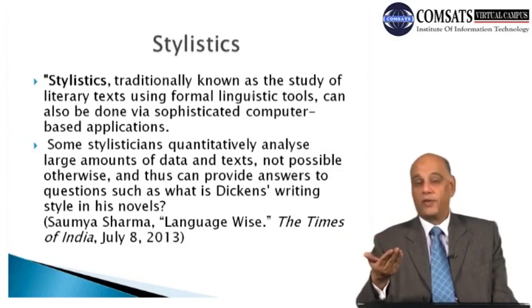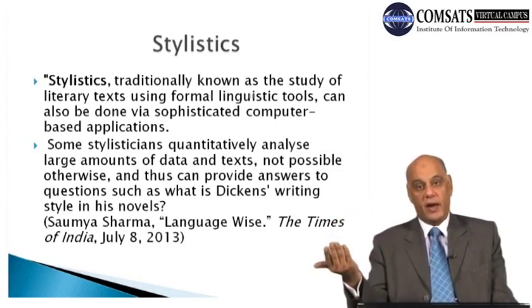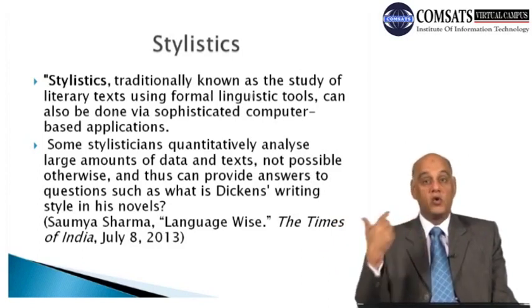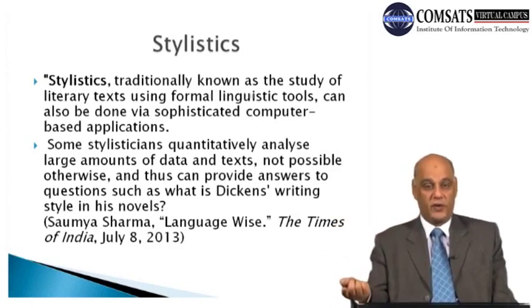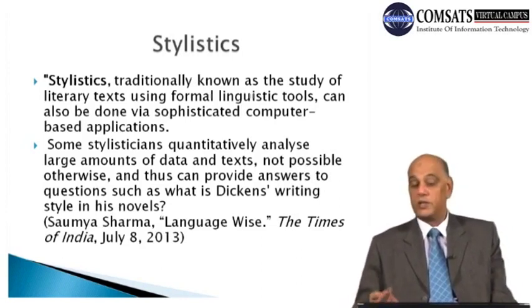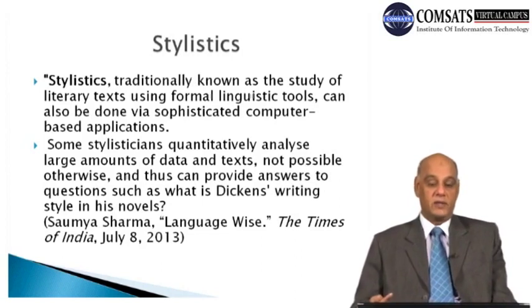So what are they doing? They are analyzing literary texts, a field of social sciences there, and they are applying quantitative analysis through that field. Now this is really marvelous that some stylisticians quantitatively analyze large amounts of data.